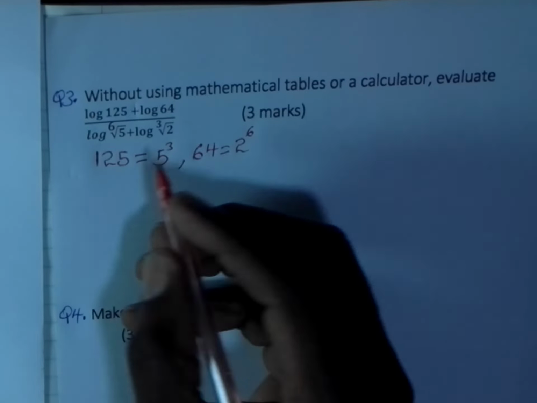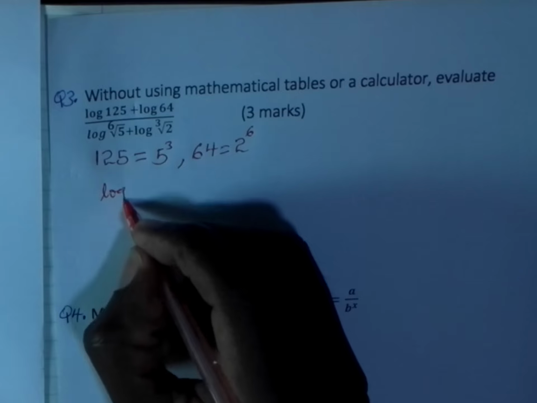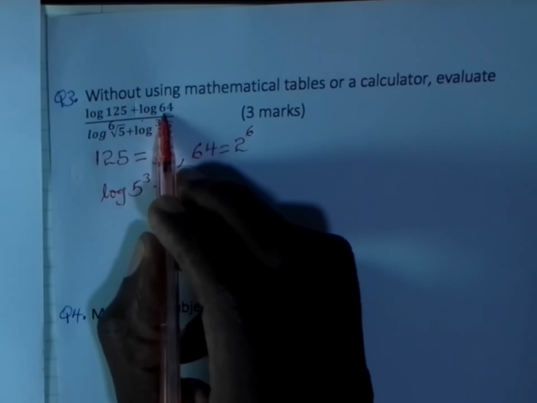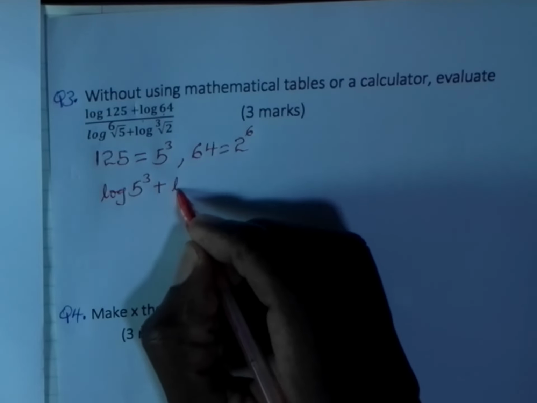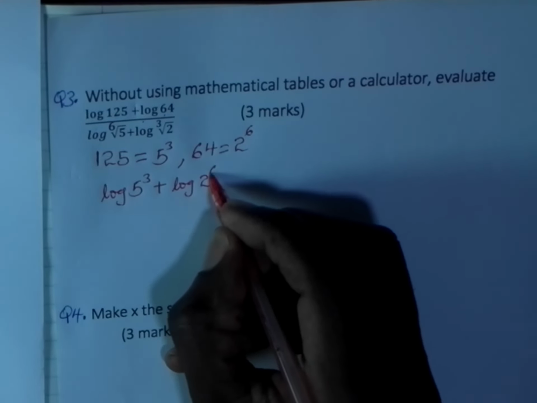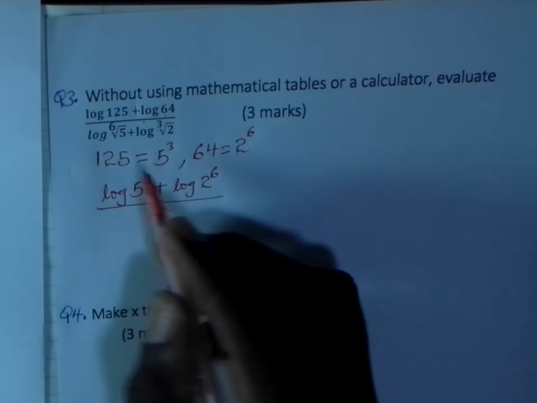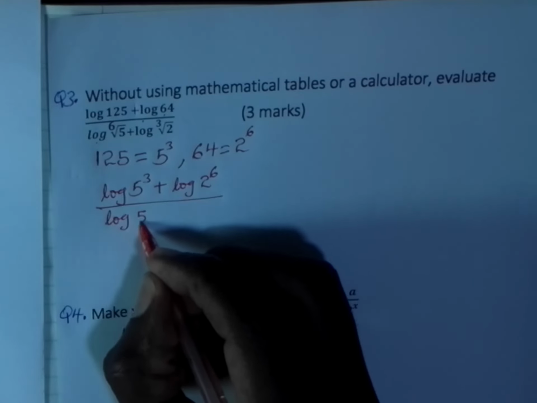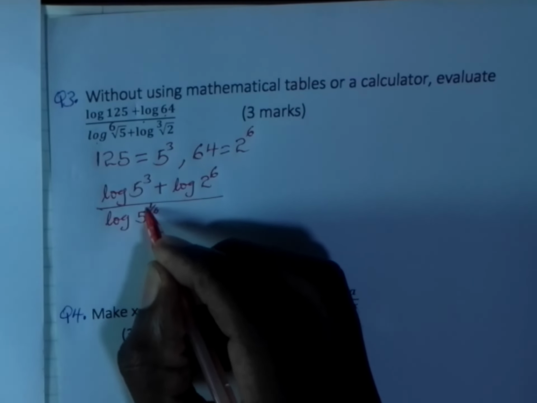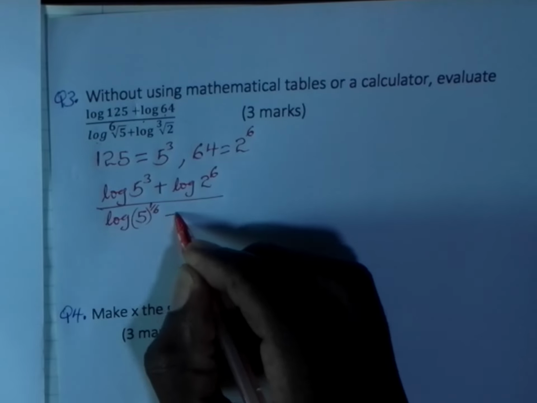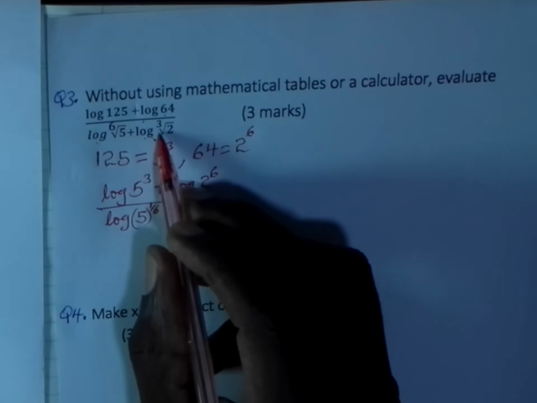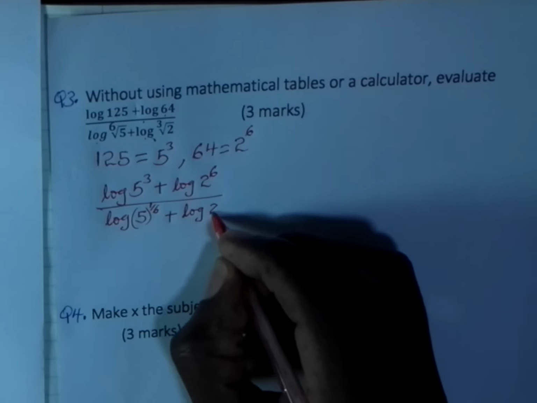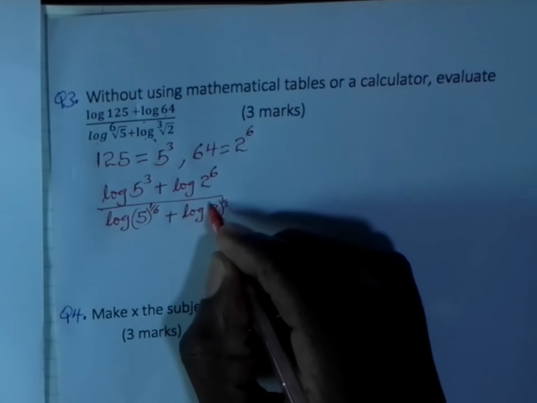Logarithm of 125 is the same as log of 5 raised to 3 plus logarithm of 64 is the same as logarithm of 2 raised to 6, all over logarithm of 5 raised to a sixth, plus logarithm of cube root of 2, which can be written as logarithm of 2 raised to a third.